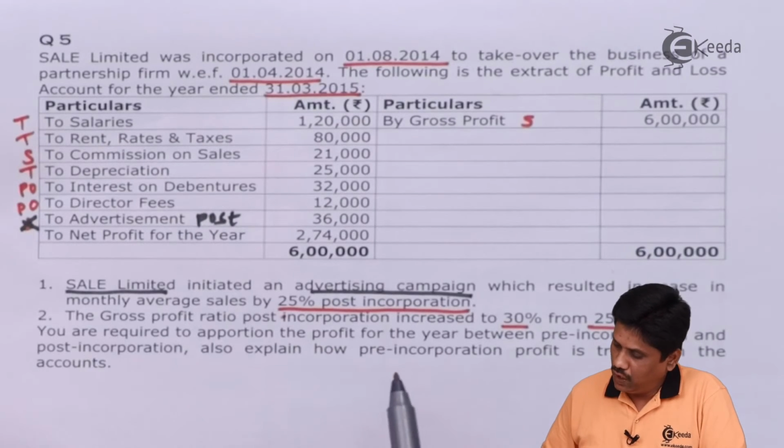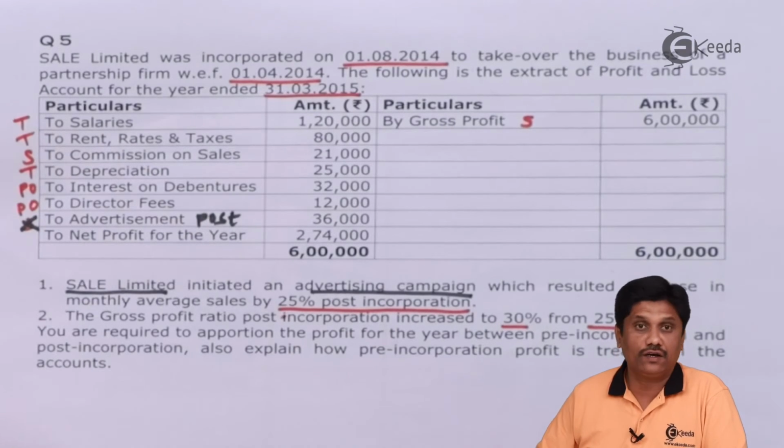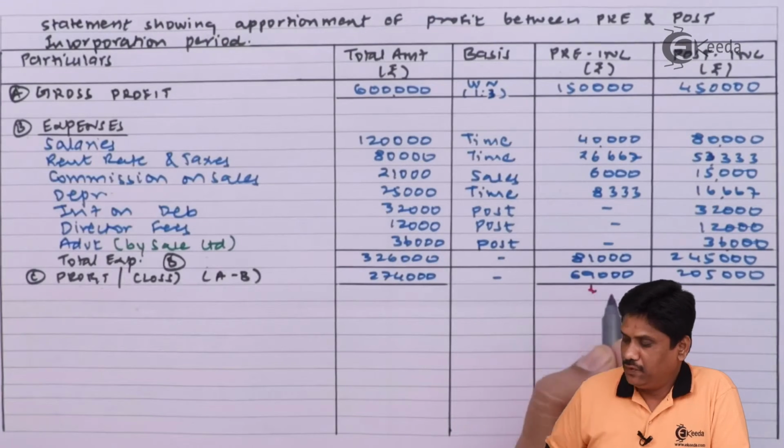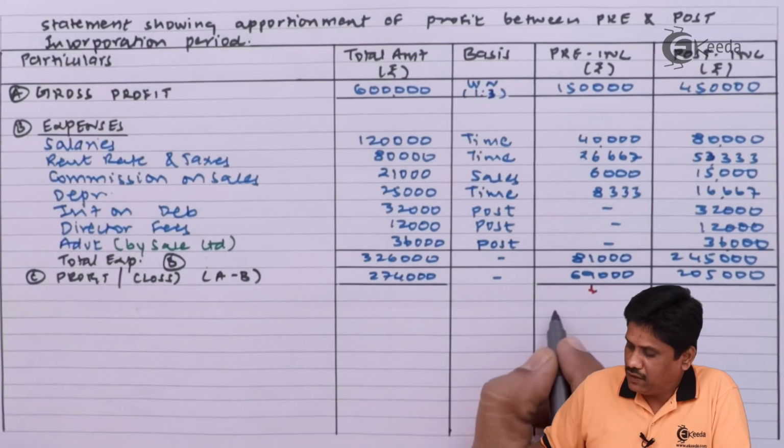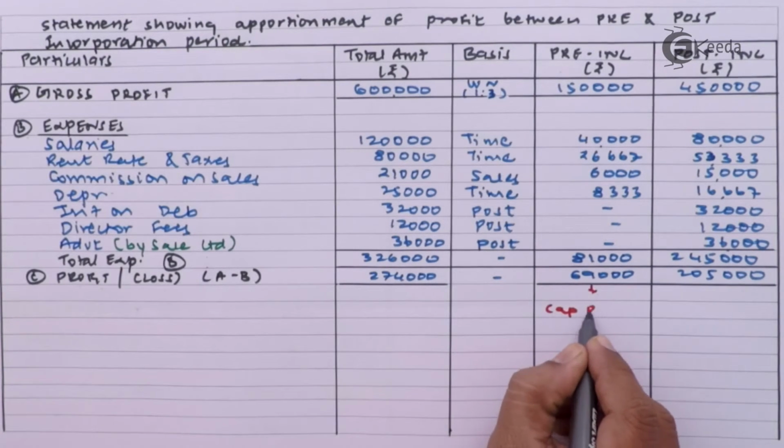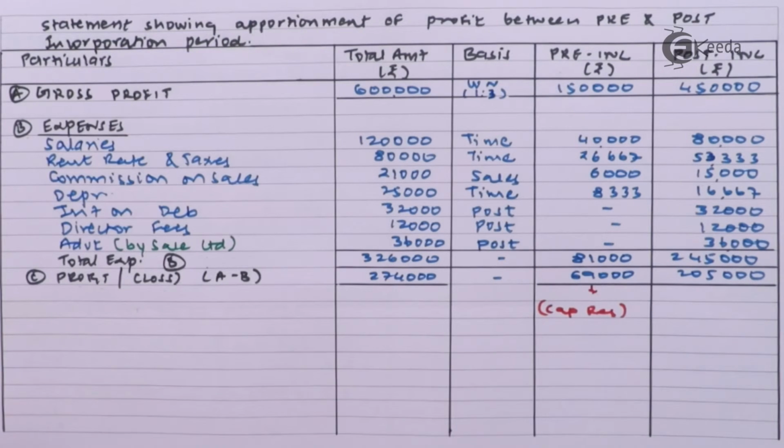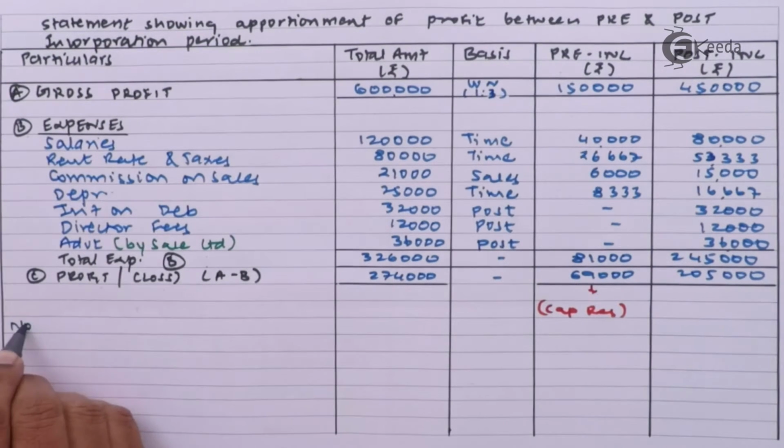Question also asked how pre-incorporation profit is to be treated in the accounts. Pre-incorporation profit, which is 69,000, will be treated in the account as a capital reserve. Right? So I am writing a note for that.